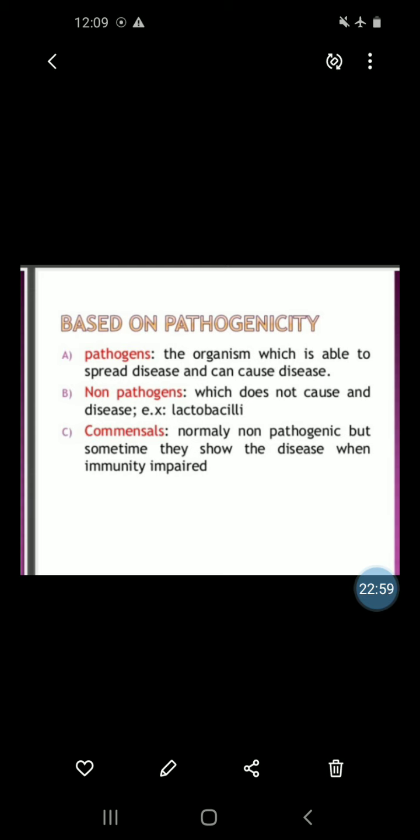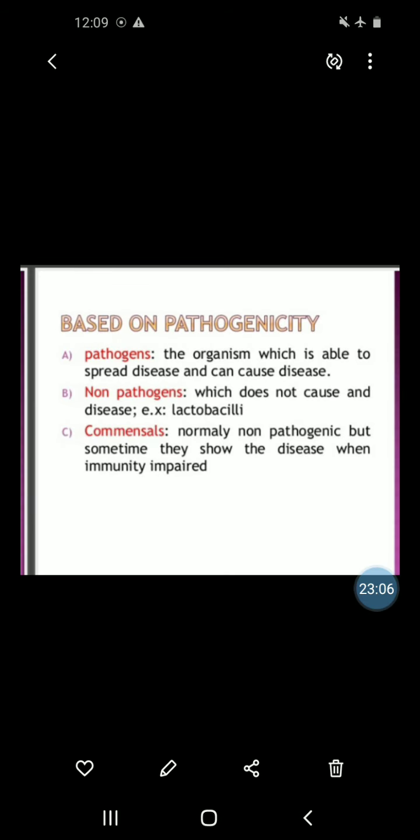It means they do not cause disease, but sometimes they show disease when immunity is impaired.